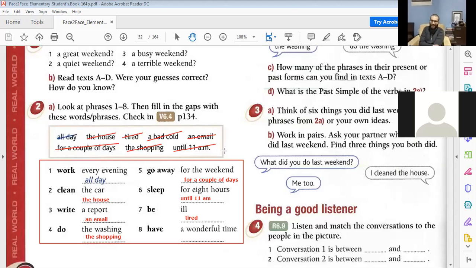Corona is a bad cold. But of course here, they don't mean Corona. يقصدوا بردة قوية وخلاص. Okay, so have a wonderful time, have a bad cold, but you can say have a cold, no problem. يعني bad مجرد adjective.